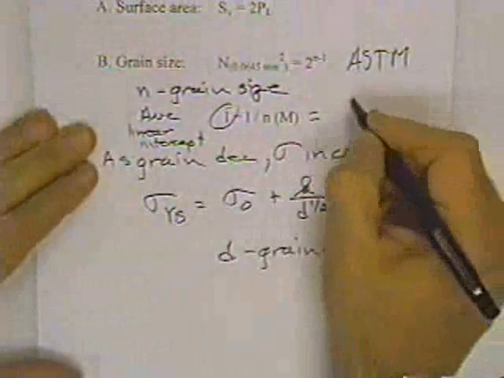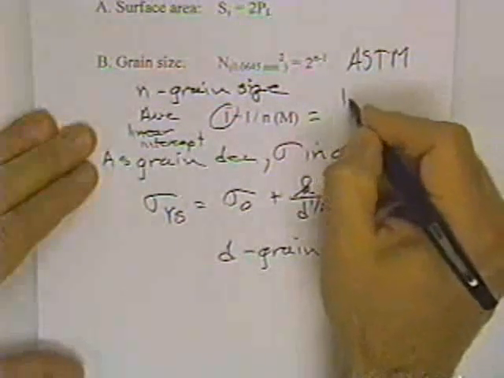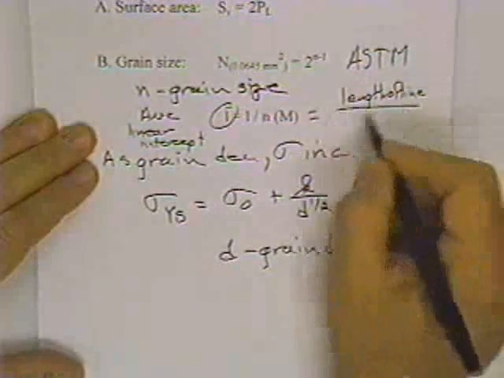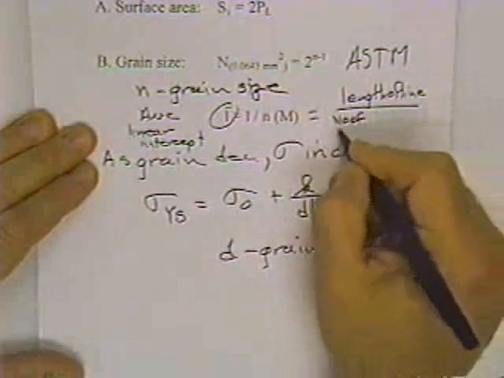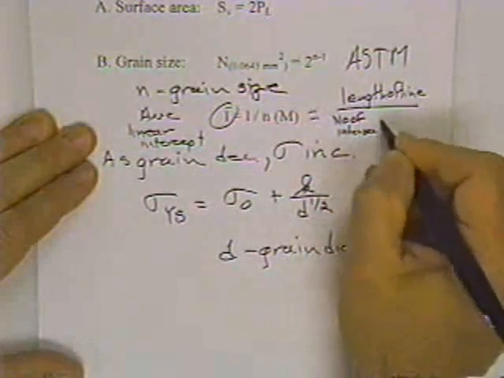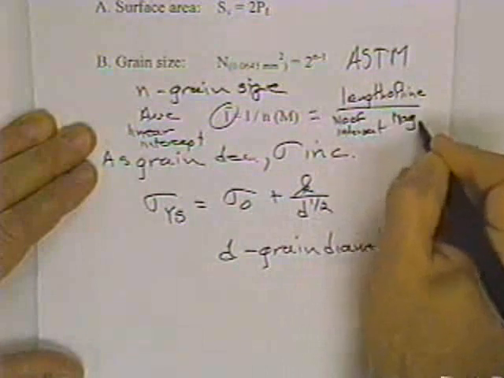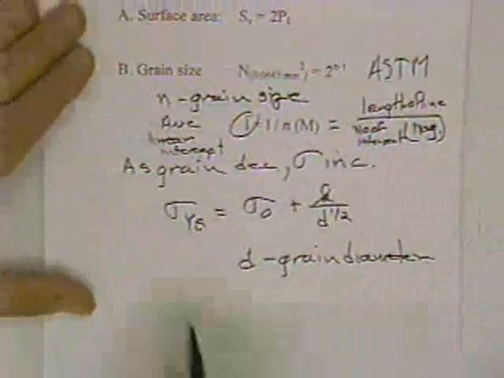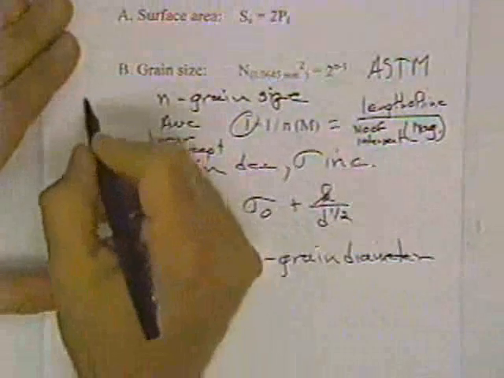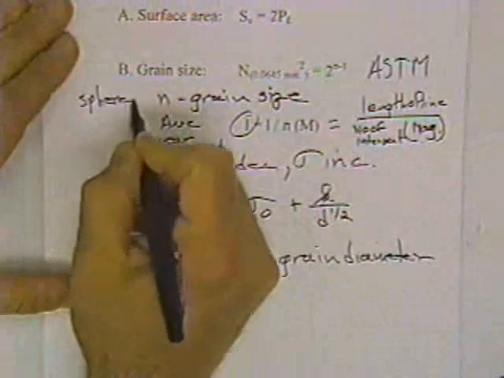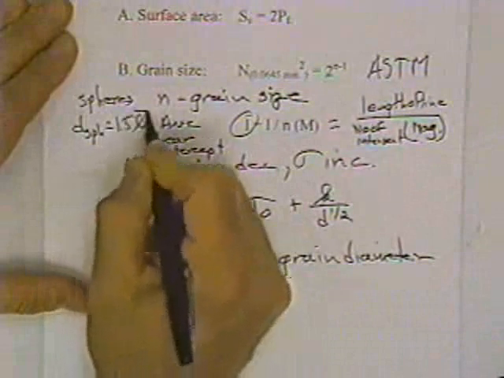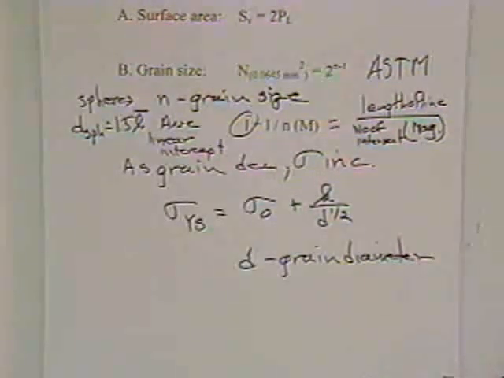The way this works is you have a length of line, divide by number of intersections, divide by the magnification, and that gives you an average linear intercept. If you assume that you have spheres, the D for spheres is equal to 1.5 L bar. So you can actually get a grain diameter from that grain size.